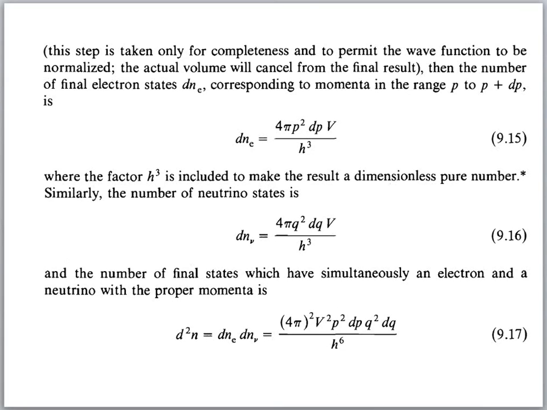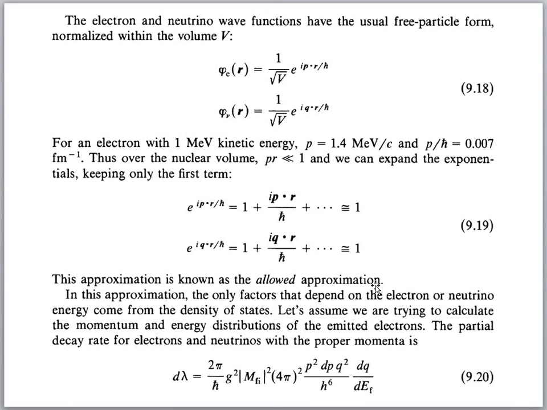Then we will substitute the approximated wave function. This is known as the allowed approximation, when we take the first term only of the free particle wave function. This is an important term, the allowed approximation.